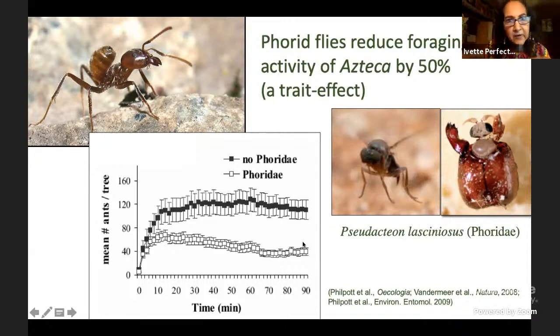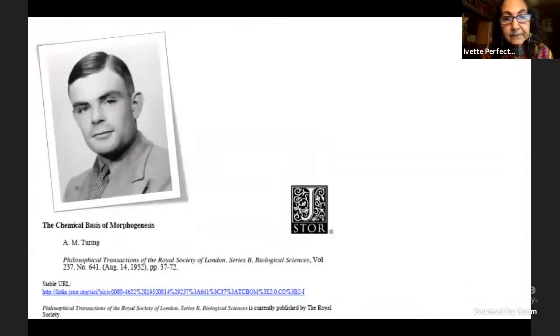Within the same farm, you can find phorids in some areas and not in others. And so you can see the reduction in the activity of the ant when the phorids are present. And so when the phorids arrive, the ants reduce their foraging activity, and that reduces the rate of acquiring the honeydew. And it also reduces the protection the ants give to the scales.